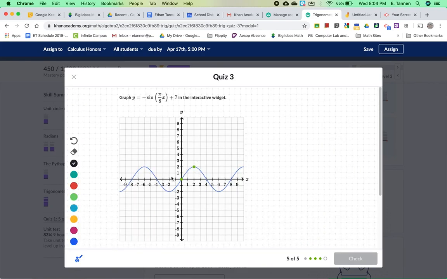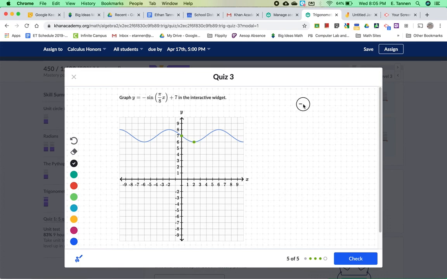And then here we've got negative sine of pi eighth. So up 7, starting at the midpoint, going down just 1, because it's just negative, so it's going down instead of up. The amplitude is just 1 still. But now we got this pi over 8, so let's think about it.